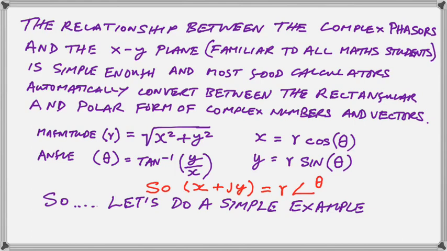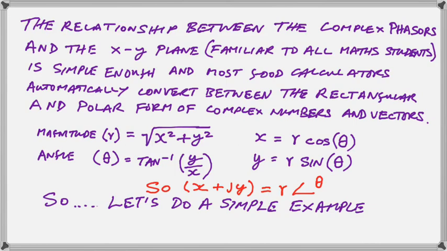It's a question of representing either your vector or your complex number with a magnitude and an angle, or with coordinates x and y. And the conversion is simple enough with trigonometry. The simple formulas are outlined for you there on the board.